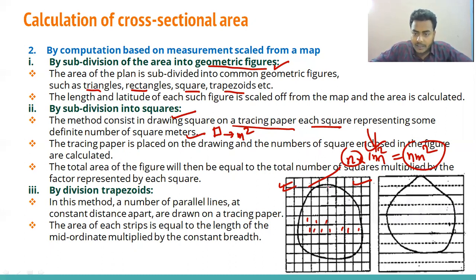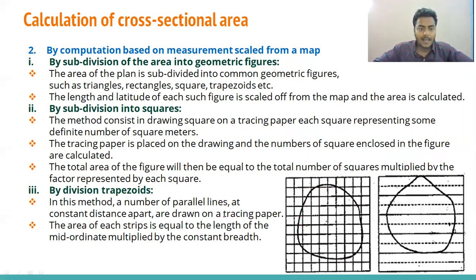There is another thing you can remember: whatever fractions of a square we get will be neglected. Then the last method is division into trapezoids.